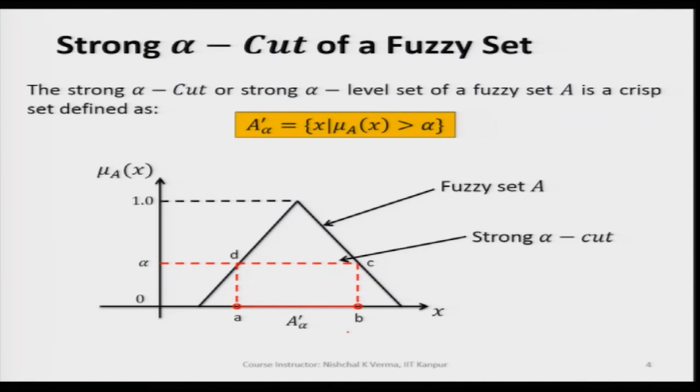So, if we talk of a strong alpha cut, this will be represented by capital A alpha and then dash, and this will be equal to the collection of all the points of the generic variable values for which their respective membership values are greater than alpha.